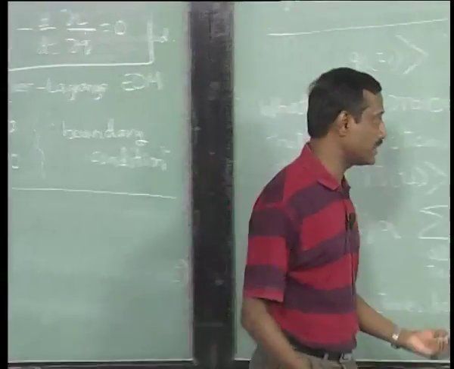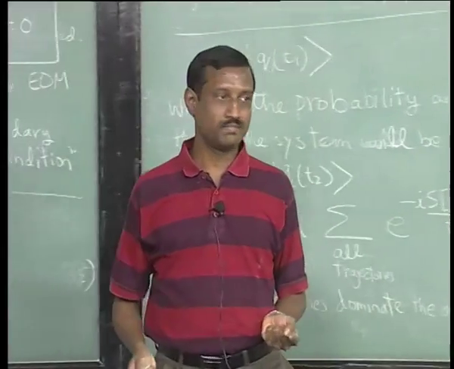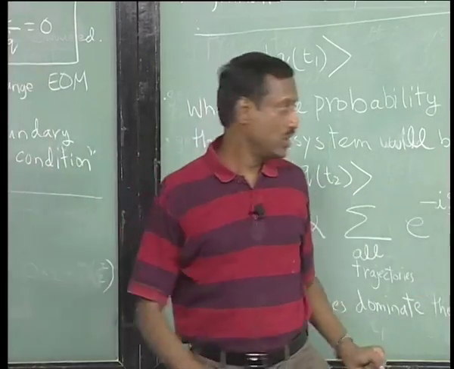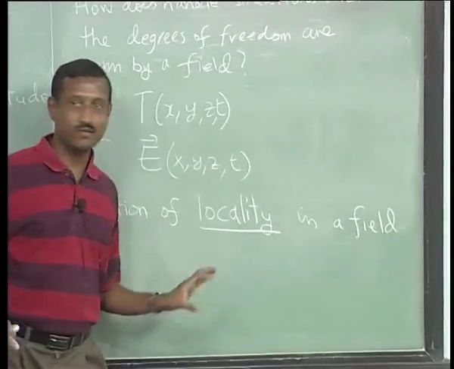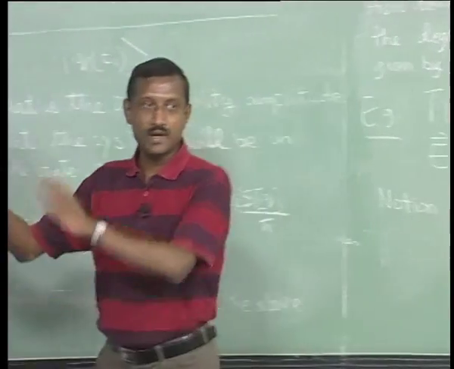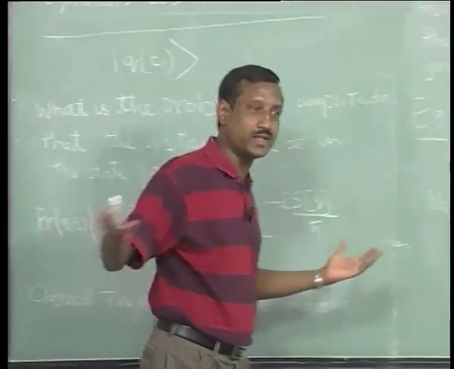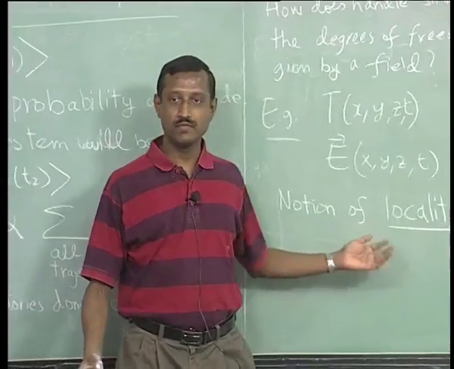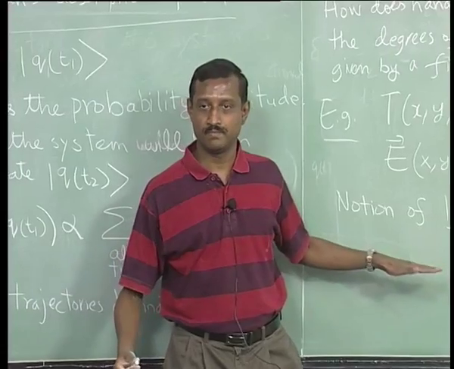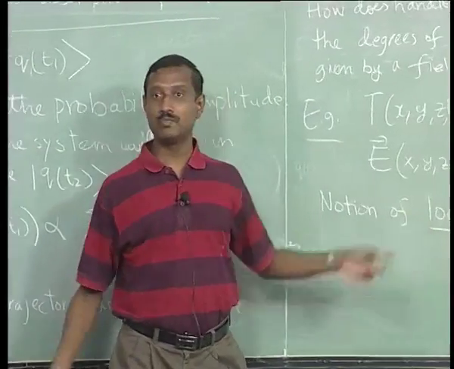What you expect is that objects which are close to each other interact, not something far away. We do not want to have action at a distance. Somehow apparently Saturn can affect our lives, that is what people say, but that is action at a distance, which is unscientific and we do not put that in. So, this is something we have to incorporate.